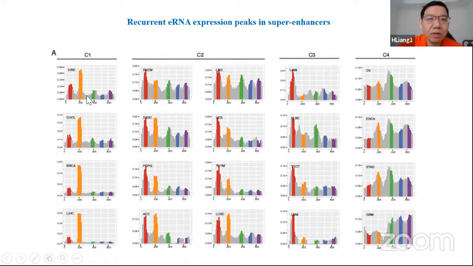What we observe is a recurrent eRNA expression peak in the super enhancer region. And that enhancer peak actually shows very different cancer-specific patterns. For example, you see this orange peak, it is very high in kidney, in breast cancer, in liver cancer, but essentially very low in this leukemia.